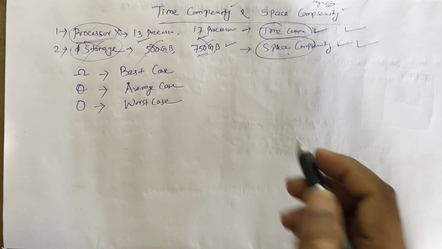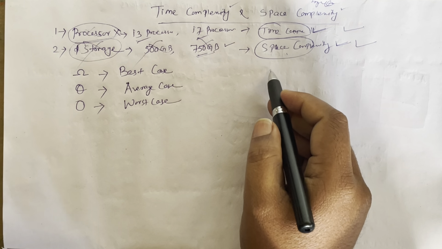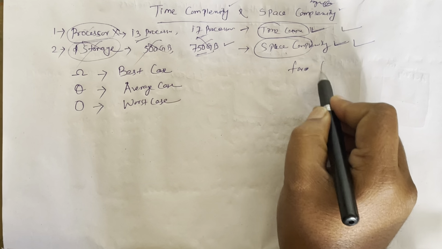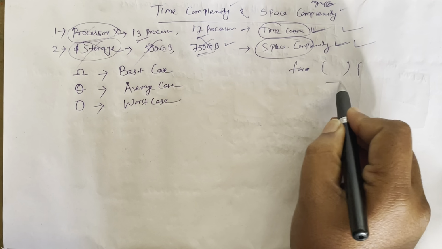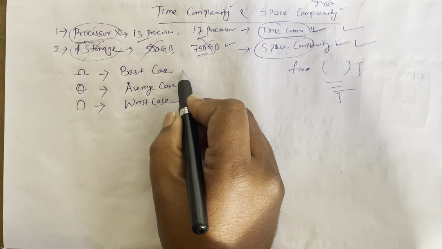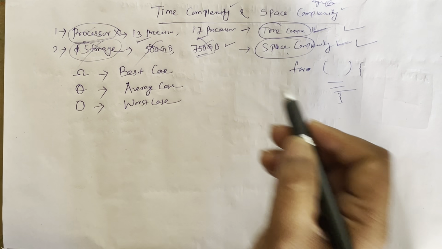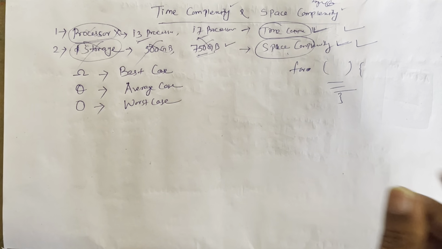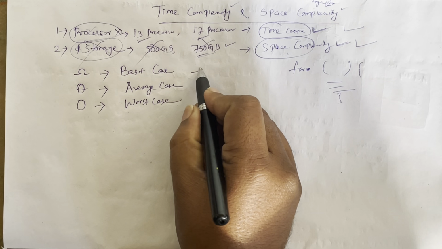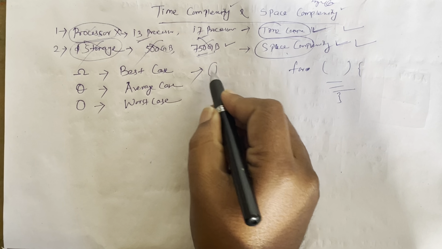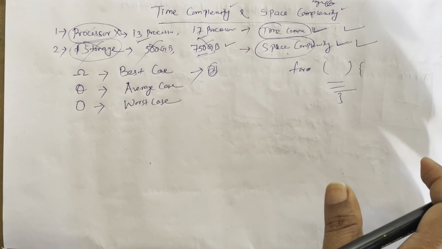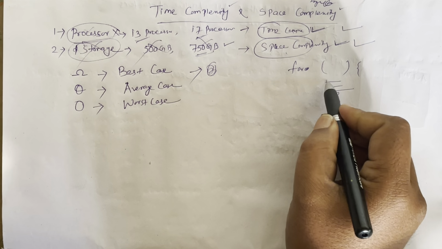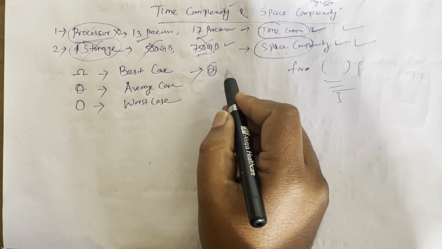Let's say I have written a task inside a for loop, where I search for an element. The best case is that the element can be found at the first place. When it can be found at the first place, only one loop iteration executes, that is order of 1.